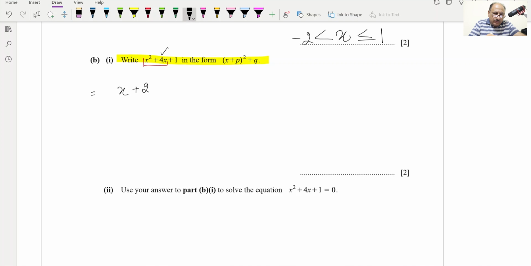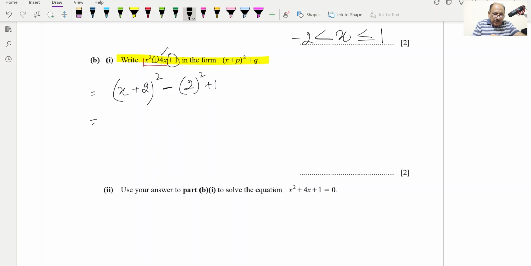So 4 by 2 will be 2, and take square of this one, and minus, this is copy sign, like this is plus over here, so we have taken plus over here. Hopefully you know the completing square technique, and this minus sign is always minus. Whatever we have written over here, we will be taking square of that number, and this tail portion plus 1 we are writing over here.